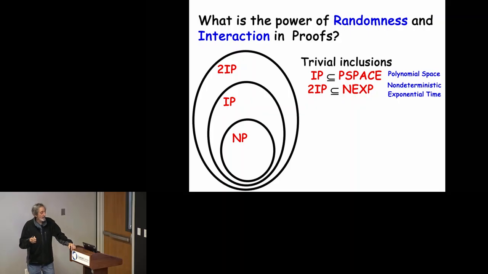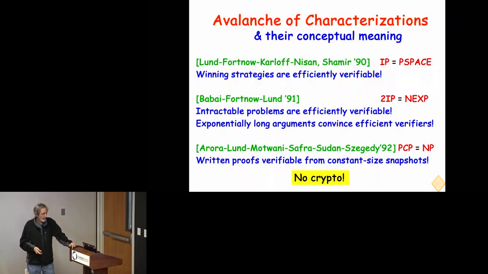And 2IP, for example, we knew that anything provable there is computable in non-deterministic exponential time. That's the exponential version of NP. So we had these upper bounds on the power of these proof systems. People believed this was very generous, but in fact, within a few years, we understood the power of these proof systems very precisely.